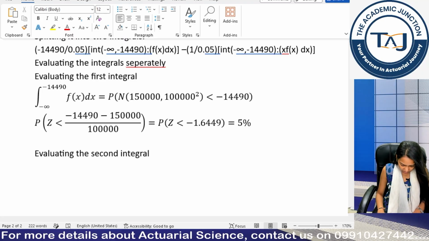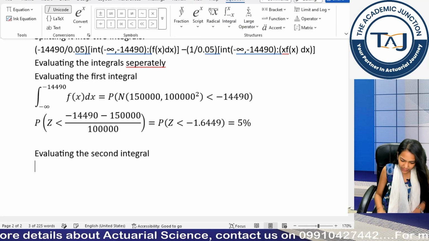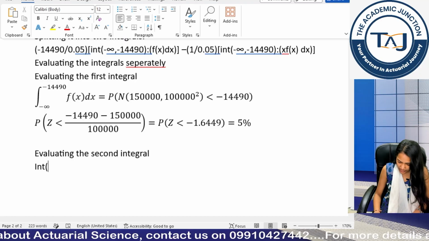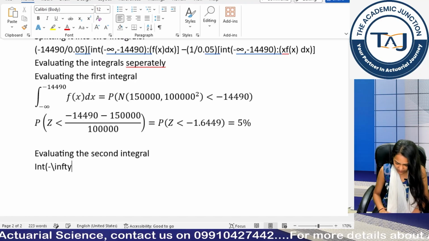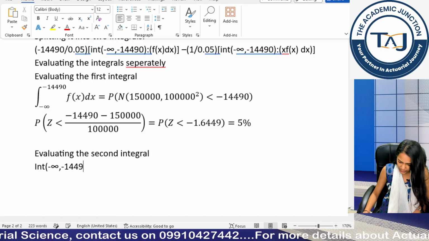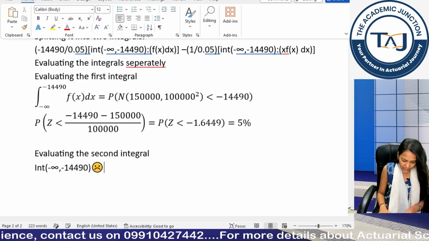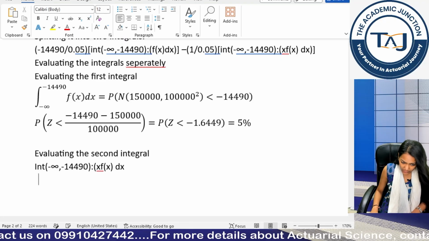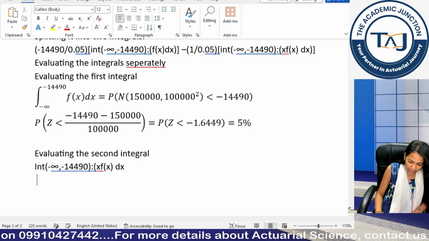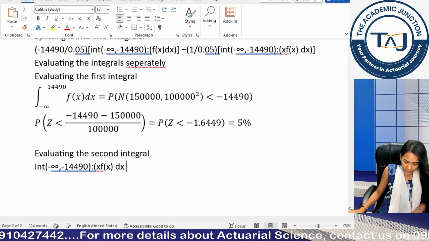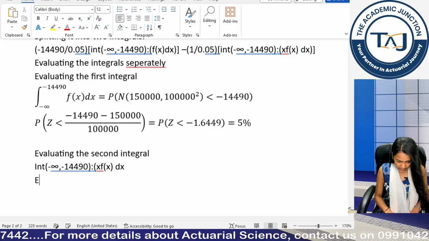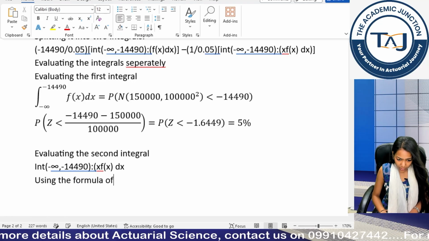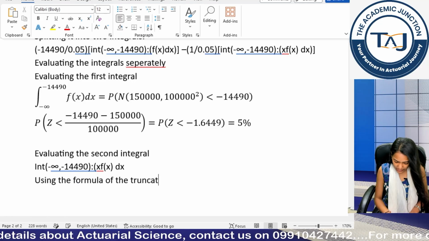So, what is the second integral? Let us put in all. Let us do it via normal approach for those students who are doing via normal. So, int placing in the limits backslash infty comma minus 14490 brackets close, colon this, control Z. Okay, fx dx. Okay, this becomes now if you are using the formula of truncated, let us write using the formula of the truncated normal distribution.